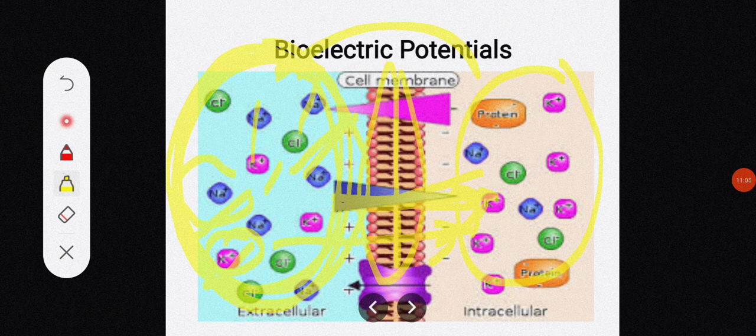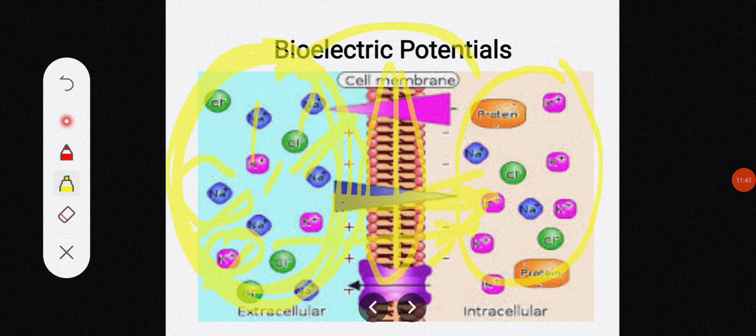As a result, equilibrium is reached with a potential difference across the membrane that is negative on the inside and positive on the outside, and this membrane potential is called the resting potential of the cell. The cell will maintain this resting potential until it is affected by certain external stimuli.